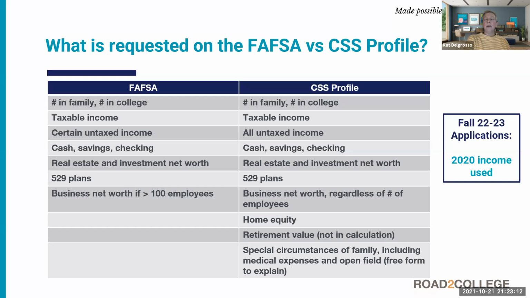If a grandparent has saved for the student, it doesn't go on the application, because that is not the parent who's on the application. It's sort of external to the application, because it's a grandparent's asset, and the grandparent is not on the CSS profile.